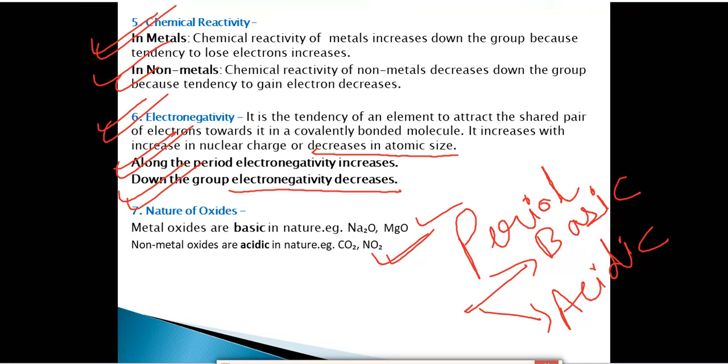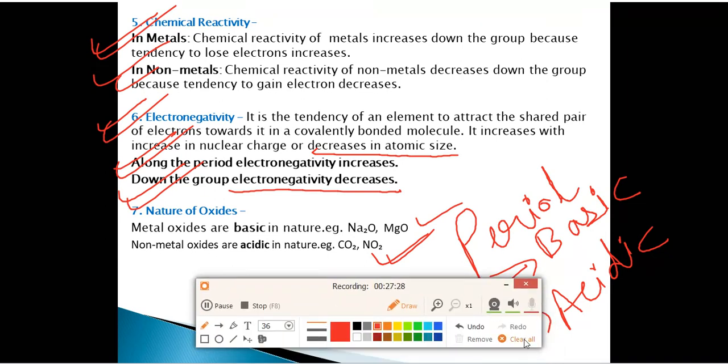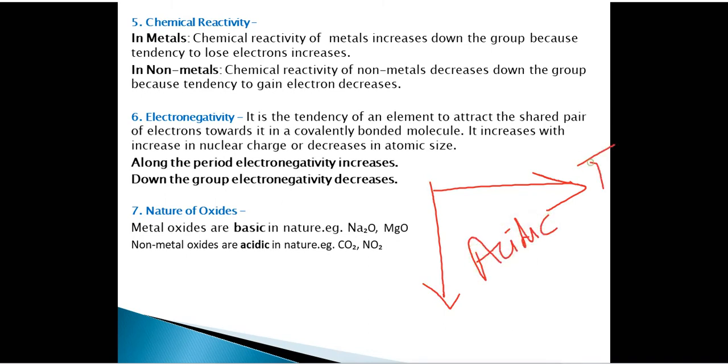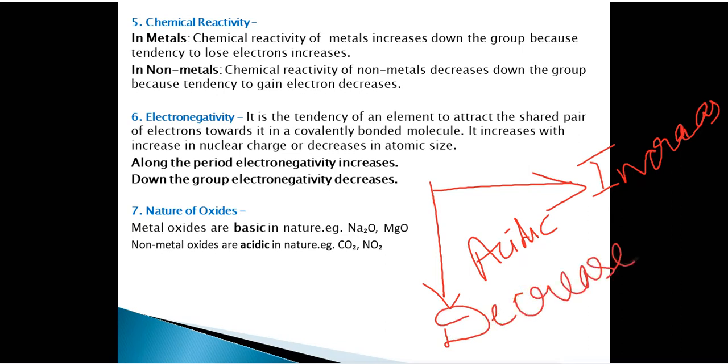Okay, remember like this. Suppose I draw a flowchart for you, you have to remember like this. Along a period, and this is for group, and let's take it for acidic oxides. So along a period, acidic character increases and down a group, acidic character decreases.